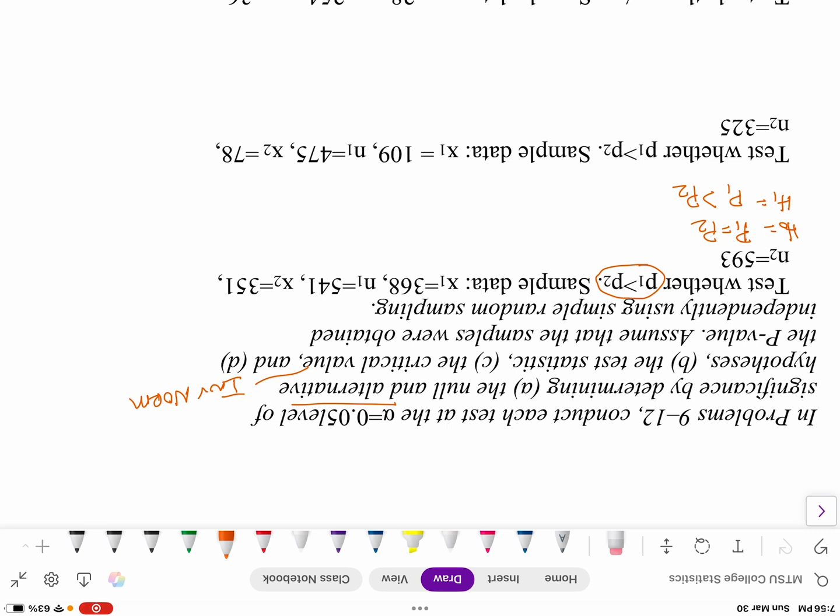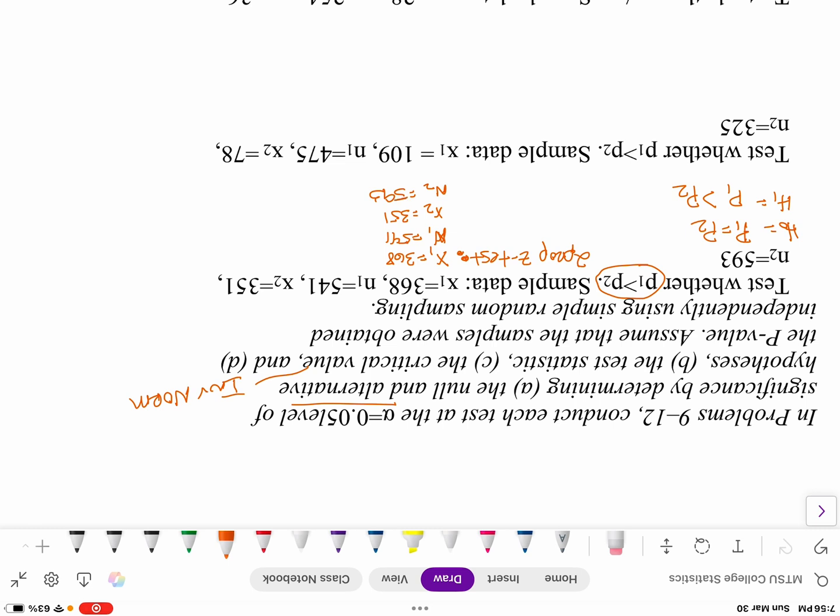Now they want us to go through and find the test statistic. Again, you can do it by hand. I'm going to use the calculator feature, and I'm going to do a 2-PropZTest. I'm going to put this information in there: X1 is equal to 368, N1 is equal to 541, X2 is equal to 351, N2 is equal to 593.